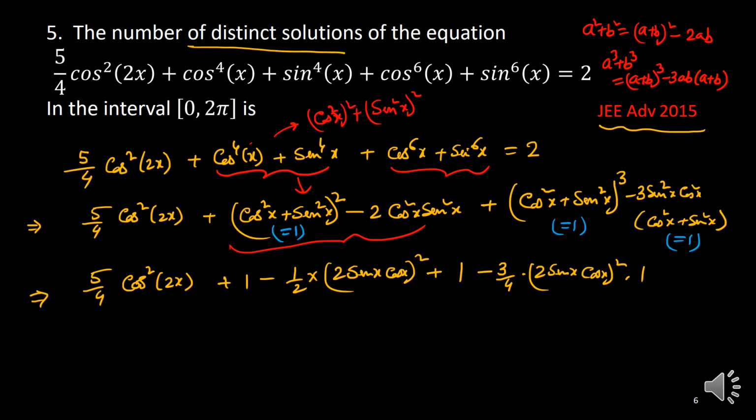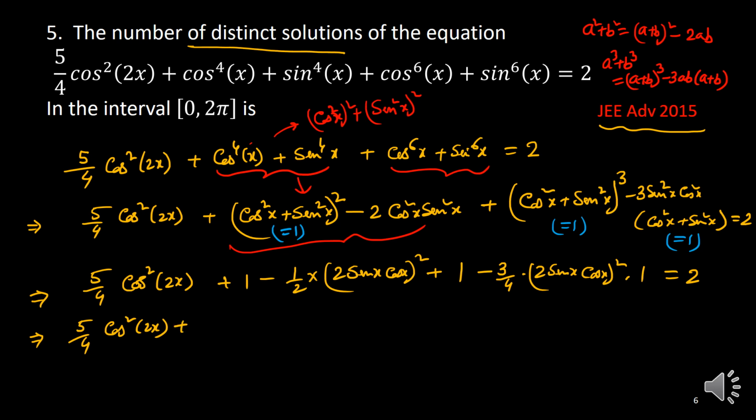Okay, so the equation was there, no? So I should write the equation. This value was given as 2, so this value is 2 here. We need to solve it, right? So now from here what I can get: it's 5 upon 4 cos square 2x, this 1 plus 1 is 2, and this is a 2, and the 2 and 2 will cancel out.